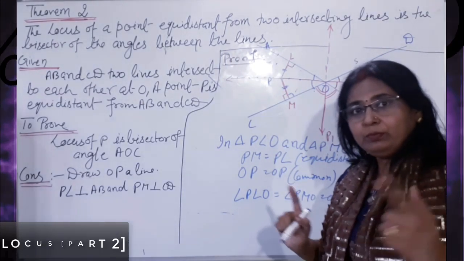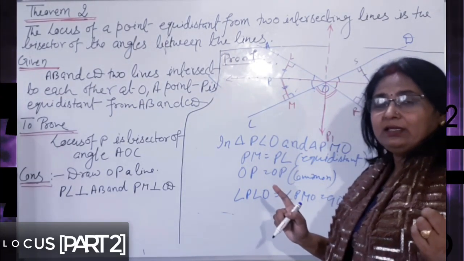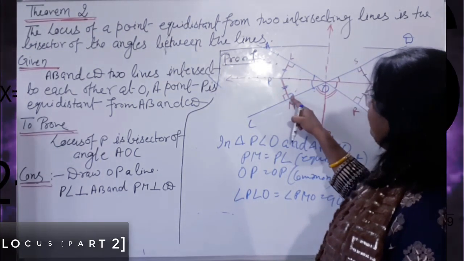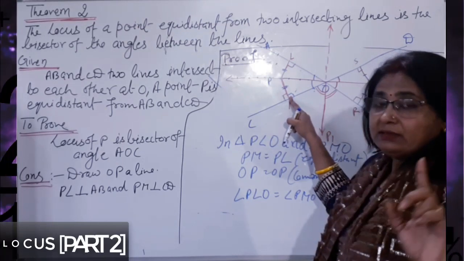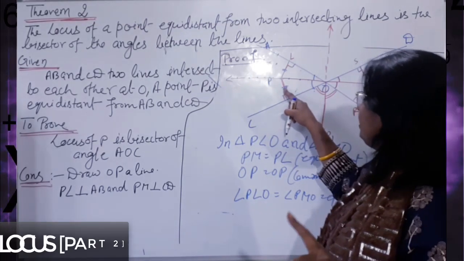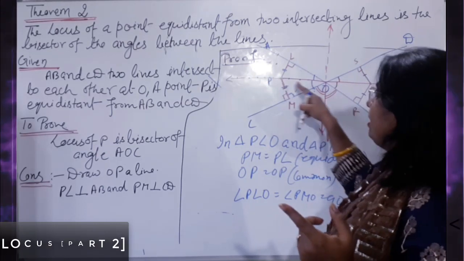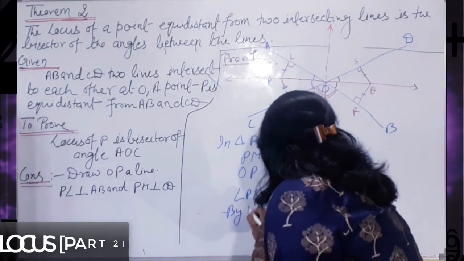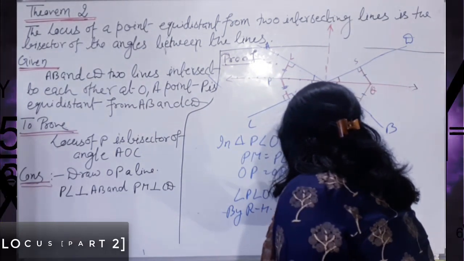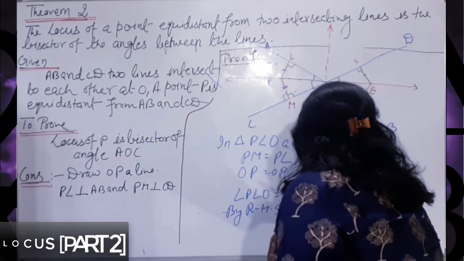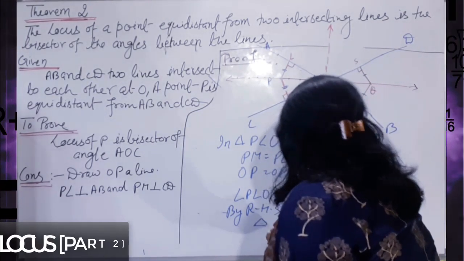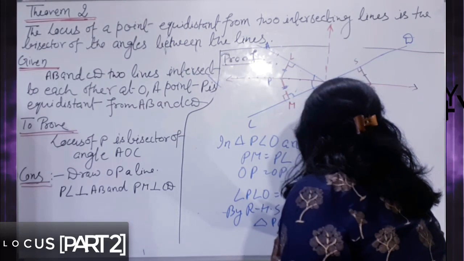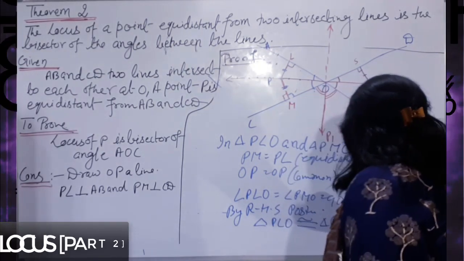It means by which postulate of congruency? It is RHS: right angle, hypotenuse, and one side, any one side. So by the RHS postulate, triangle PLO is congruent to triangle PMO.